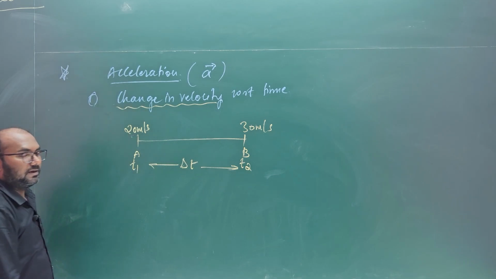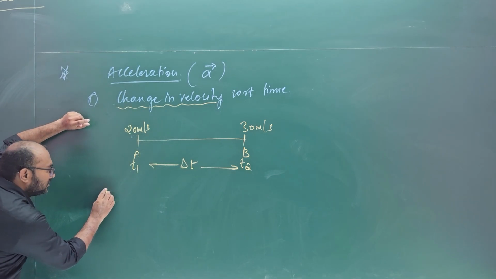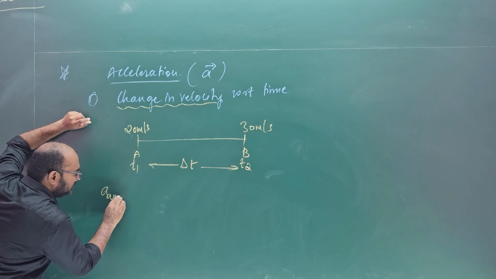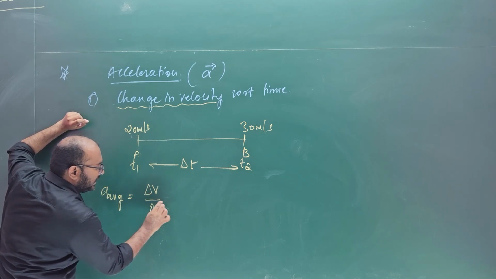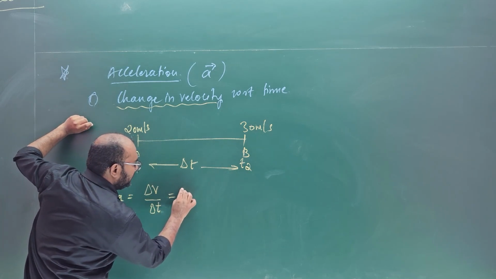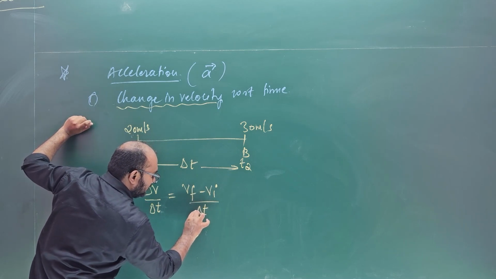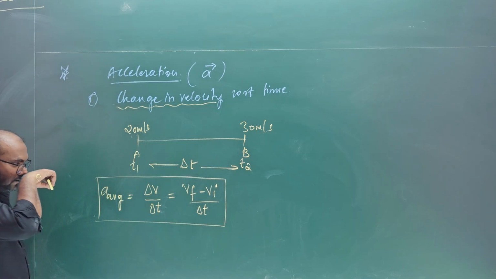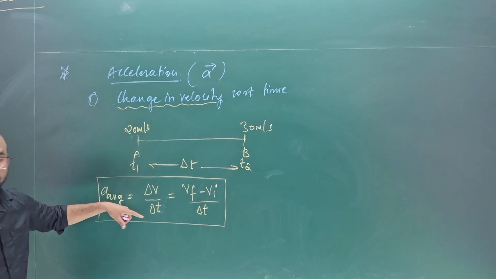T2 minus t1. So average acceleration can be written as change in velocity with respect to time, or v final minus v initial upon delta t. First thing. So here velocity is a function of time.